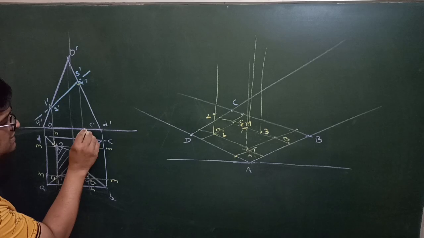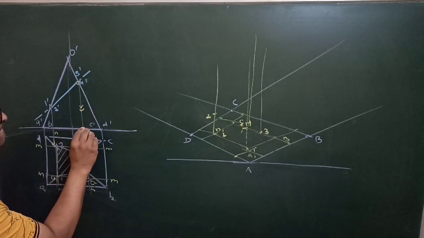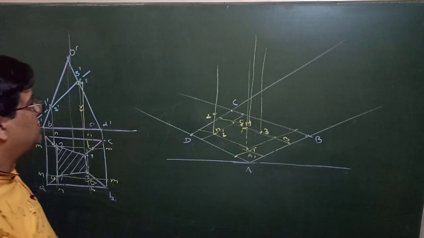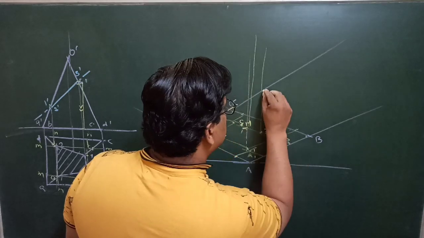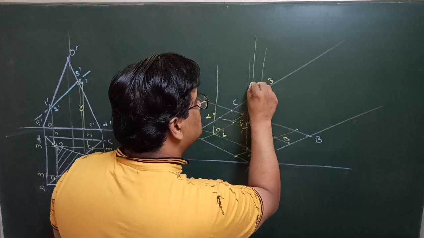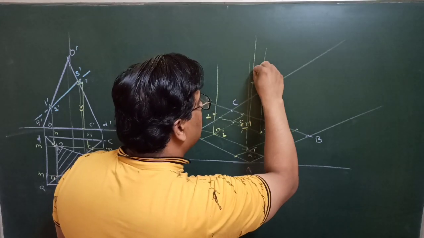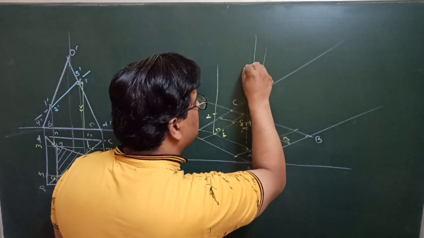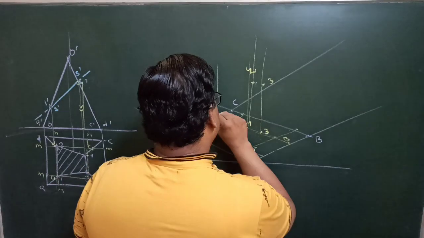So you have to take distance from the XY line to this cutting point, means this much distance. So take this distance and cut on 3 and 4. So this is 3, somewhere around here. So this is 3 and this is 4, must be a little bit higher, so somewhere around here, right? Then join these 4 points.